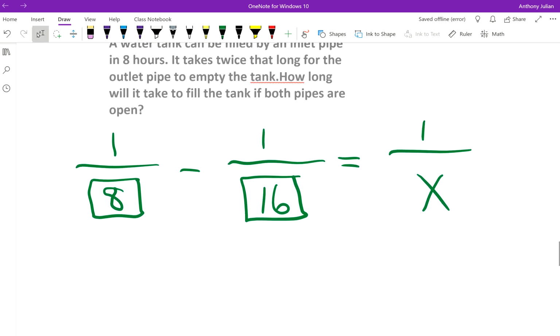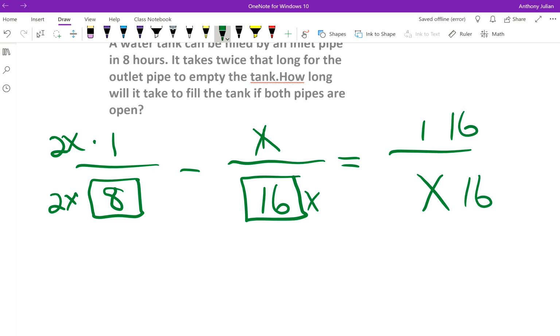All right, so this looks pretty nice. So I'm going to make this the left side here. The 8, I'm going to multiply by 2x top and bottom. The 16, I'm just going to multiply by x top and bottom. Make that an x since it's a 1 there. And the x, I'm going to multiply by 16. That way all 3 of the denominators have a 16x in it.